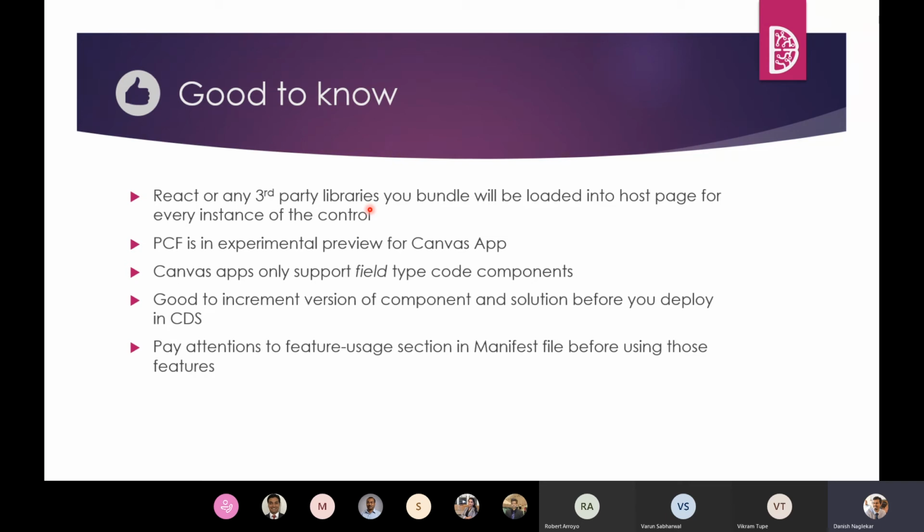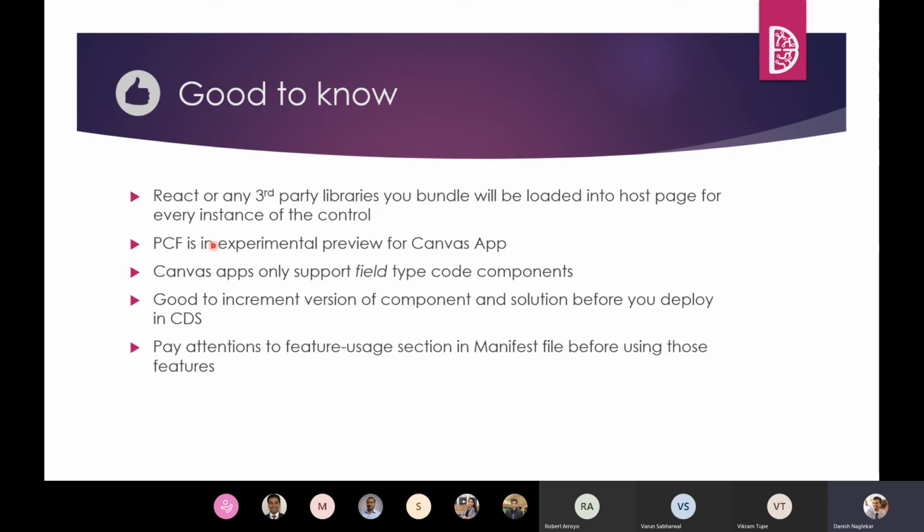So let's say you have used a React library for Office UI Fabric, and you have created one control, but that one single control you have used 5 times on the form, then it will load that Office UI Fabric library 5 times on the form, which causes performance issues. Now, Microsoft is already aware of this issue, and I think they're working on it. I haven't heard if they have resolved it, but they said they are working to improve that, and it should be resolved pretty soon.